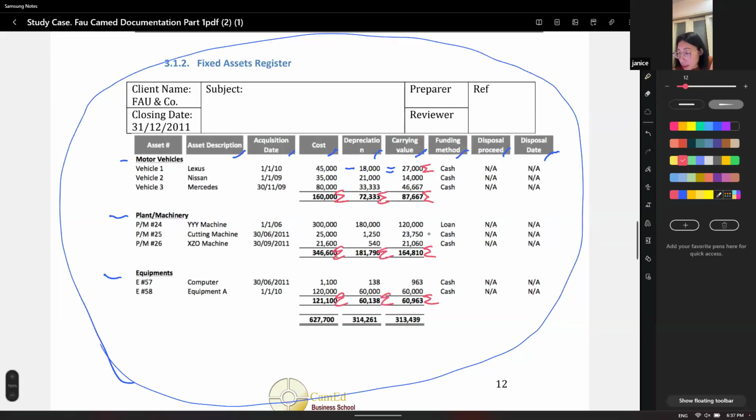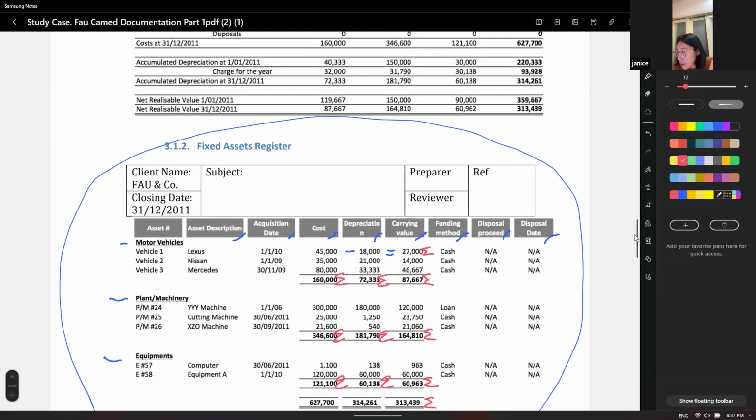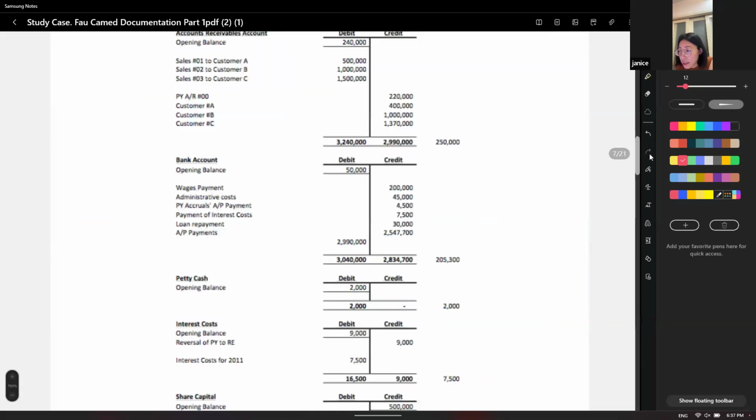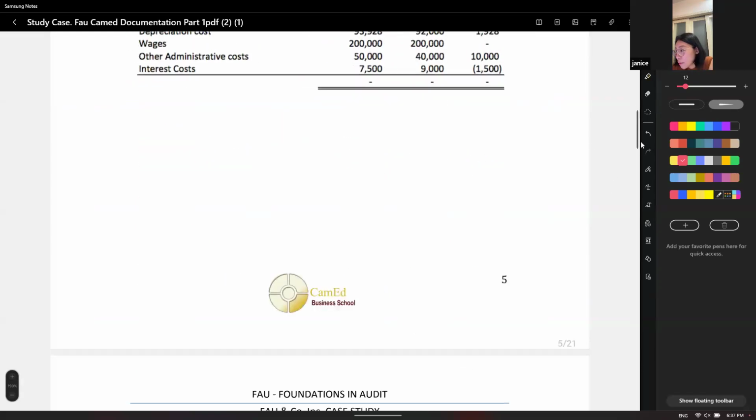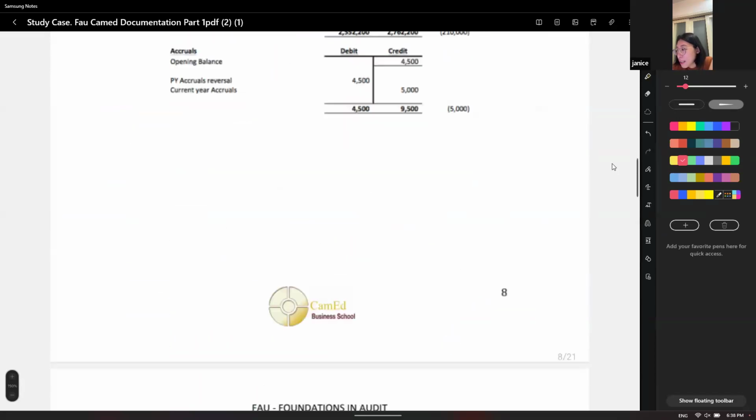And of course, we also want to know the net value. The net value is 313,439. It's the same as we found here, right? 313,439, right? So the amount seems to be adequately reported.